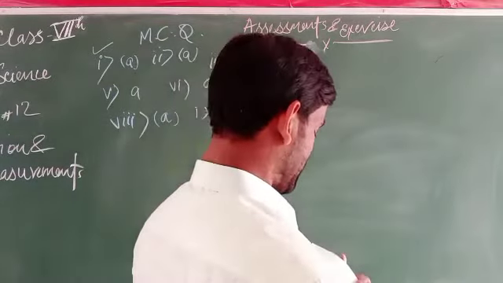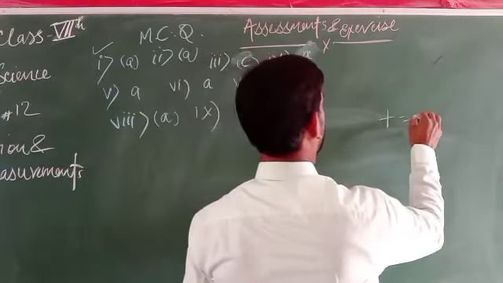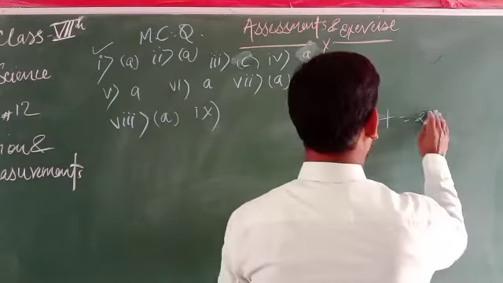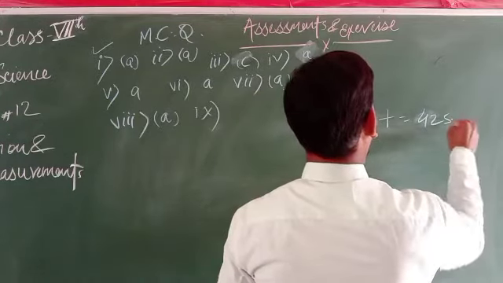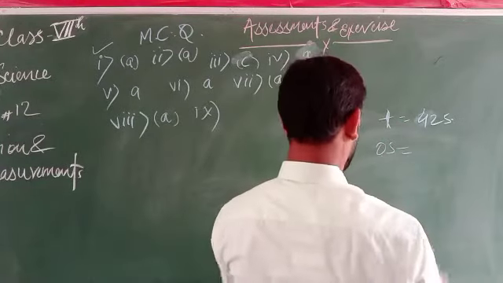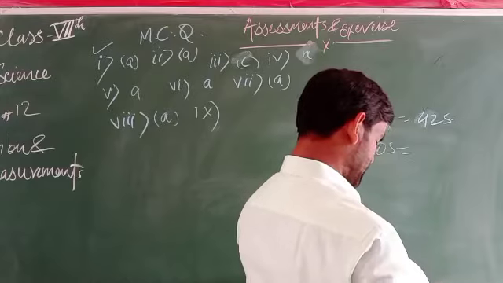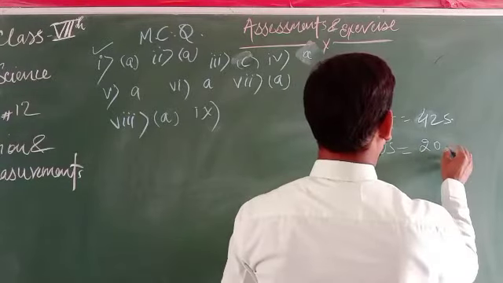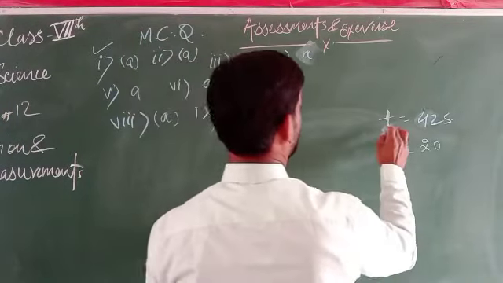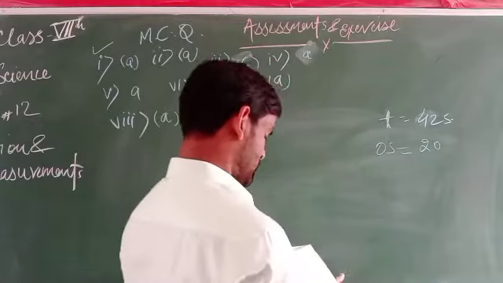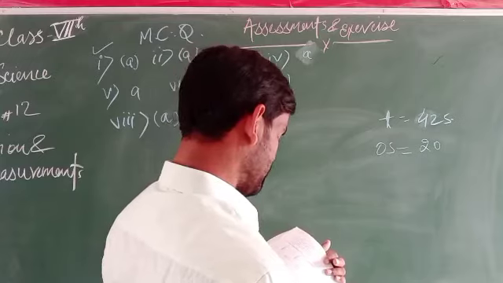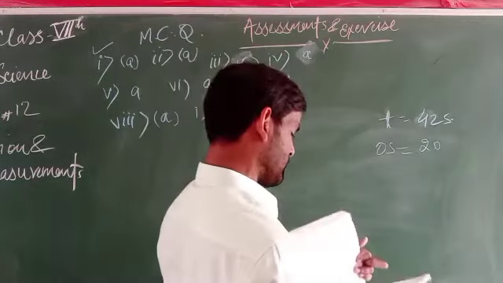Time is given as 42 seconds, and the number of oscillations is given as 20. So what would be the time period of the pendulum?